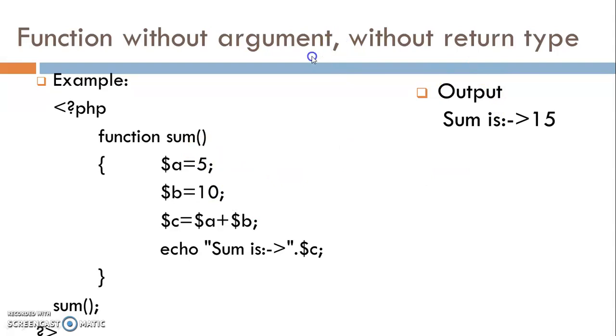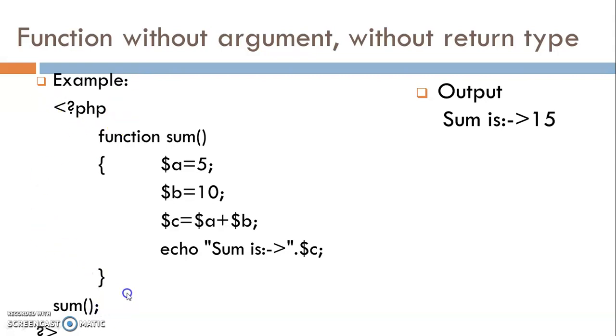Then the function performs some task and just prints the value inside it. The function does not return any value. For this I use one example which performs the sum of two numbers.